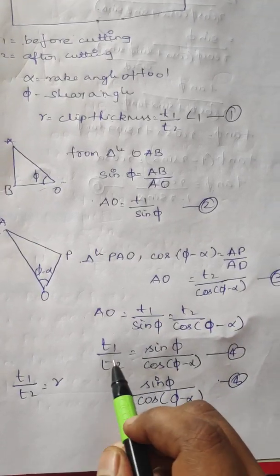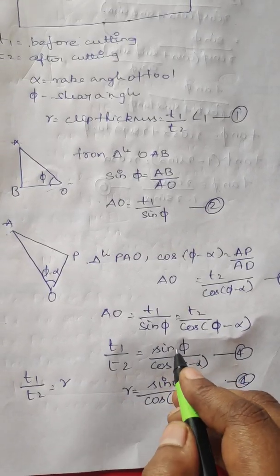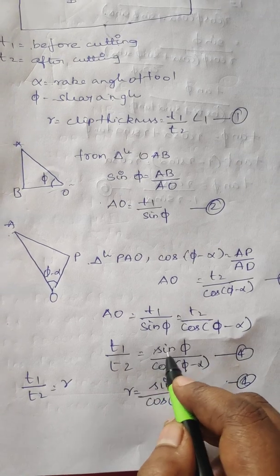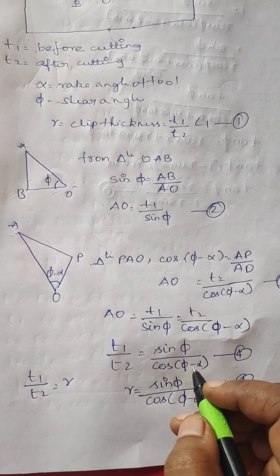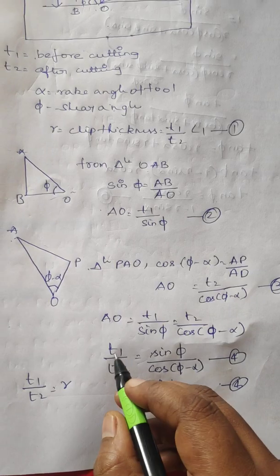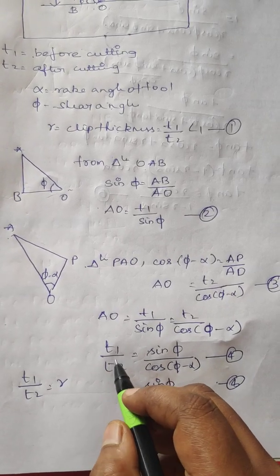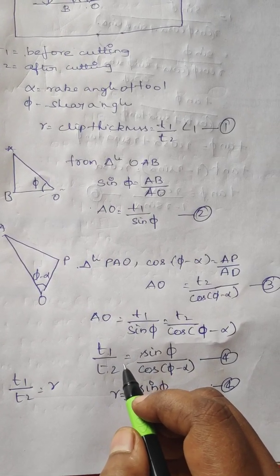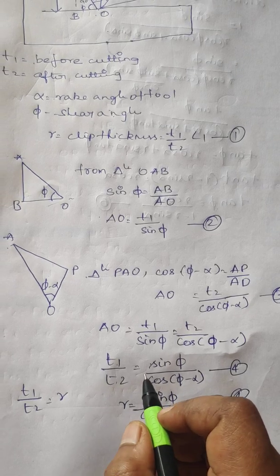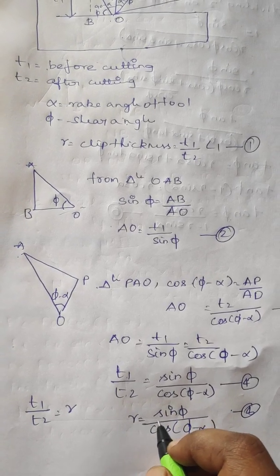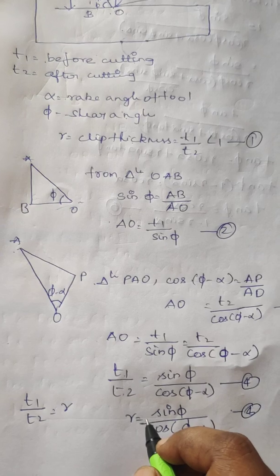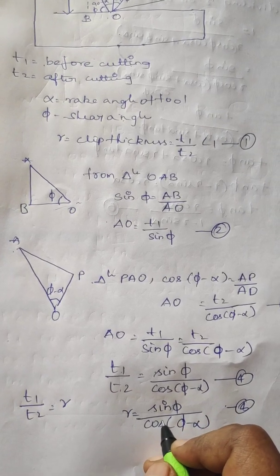Taking t1 and t2 on one side, we rearrange the equation as sin phi by cos of phi minus alpha. Previously we know t1 by t2 is equal to r, the chip thickness ratio. Replacing that with r, we get r equal to sin phi by cos of phi minus alpha.